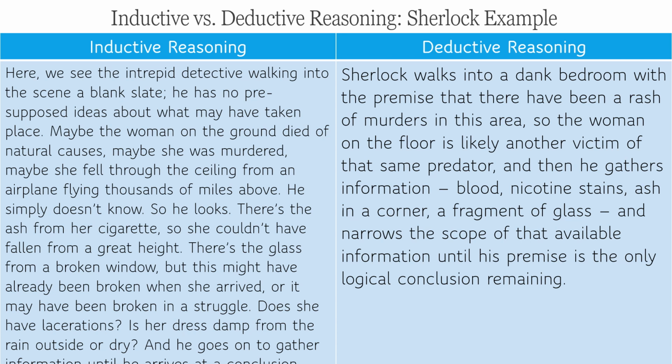So to summarize, y'all, inductive is about looking at the facts first, then making a general statement or conclusion based on those facts. However, deductive reasoning is all about going into a situation or an experiment with some knowledge, using that knowledge to draw conclusions from the facts that are presented.